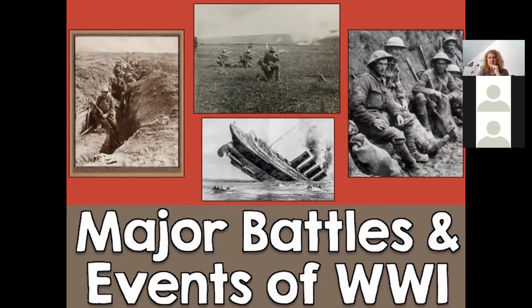On the left, you have a picture here of these living conditions, extremely harsh living conditions. This is one of the better trenches, but I will tell you the trenches were one of the causes of death, not just the war itself. The men were in the trenches for days at a time, where they would literally have to go to the bathroom in the trench, and they would be standing in puddles of urine.